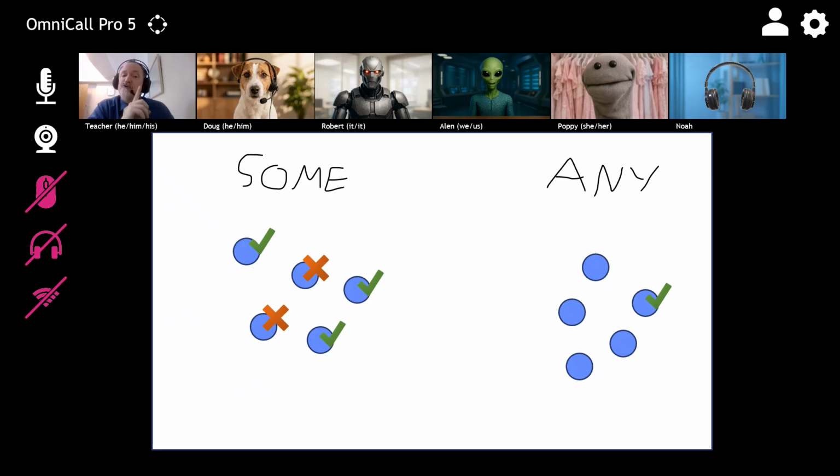This subgroup, there's one student wearing a shirt. So the subgroup is singular. We use the singular noun student and the singular verb wears. Does that help? Some could be singular or plural, but any is always singular.